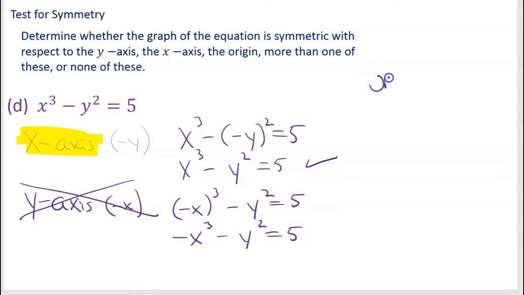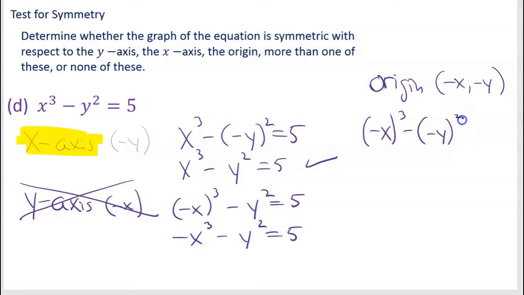And then origin symmetry, I'm going to put over here on the right. And you have negative x and negative y. We're going to substitute in both. So if I have negative x to the third minus negative y squared, does that equal 5? Well, we're going to simplify it. It's going to equal 5 no matter what, but does this match the original? Negative x to the third, when you raise a negative to an odd exponent, you're going to get a negative overall.